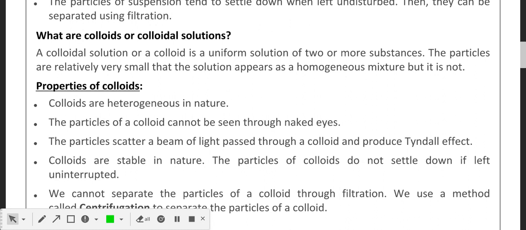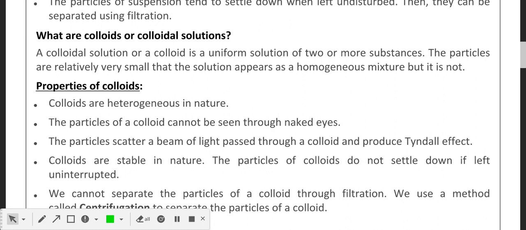Like I have already explained, or you might have studied in class 8 about the Tyndall effect. When sunlight comes from the window of your house, what will you observe? There are some dust particles that you can observe, visible in the light rays. So that is basically known as the Tyndall effect, and those particles we can call colloid particles, right?